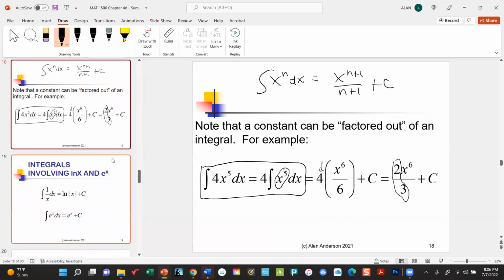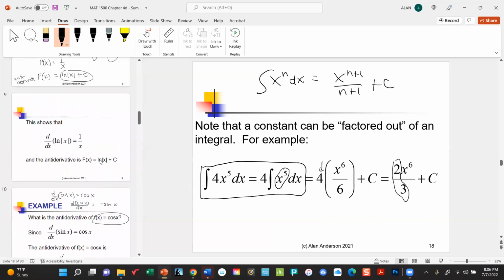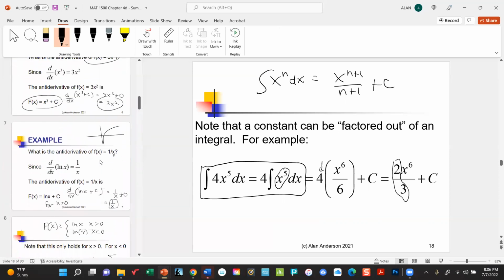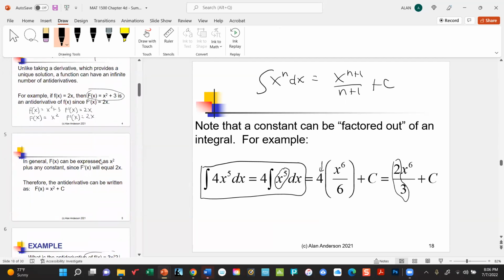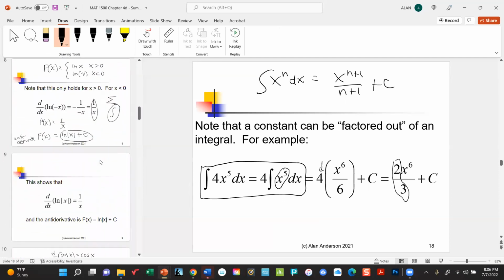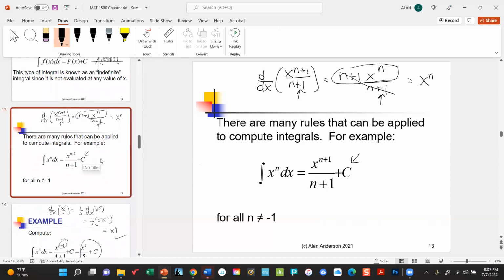Okay, now, remember when we were introduced to this rule, okay, where is it? Here it is. We did say that you may not use n equals -1 because that would be this.